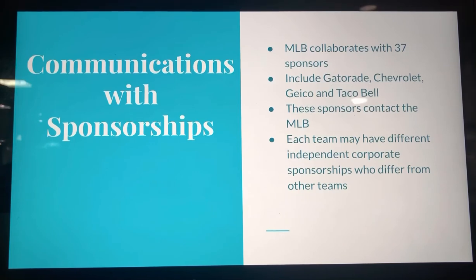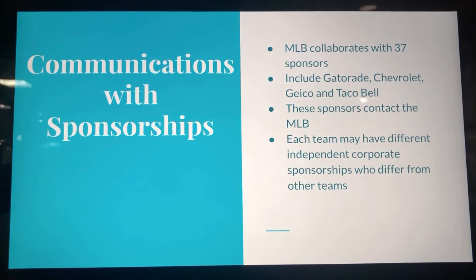Communication with sponsorships. The MLB has 37 sponsors in total. These include big names like Gatorade, Chevy, Geico, and Taco Bell, just to name a few of them. These sponsors contact the MLB and they set up their sponsorships with them in that way.